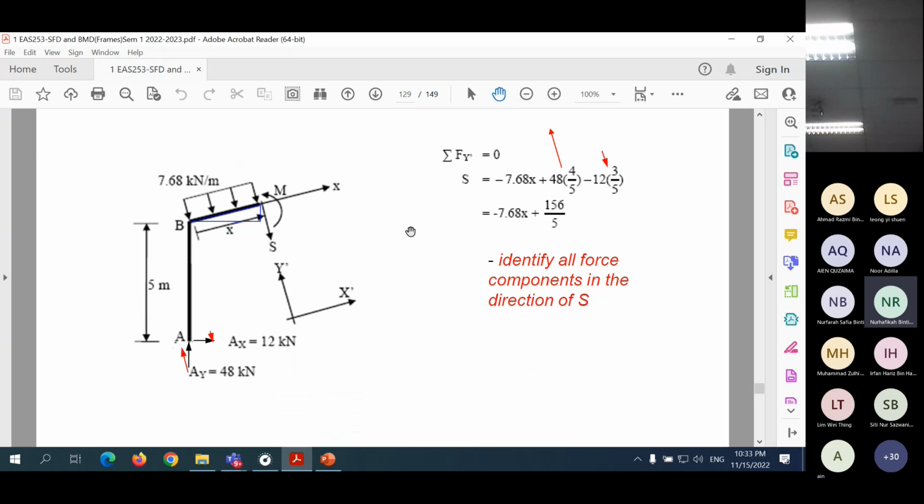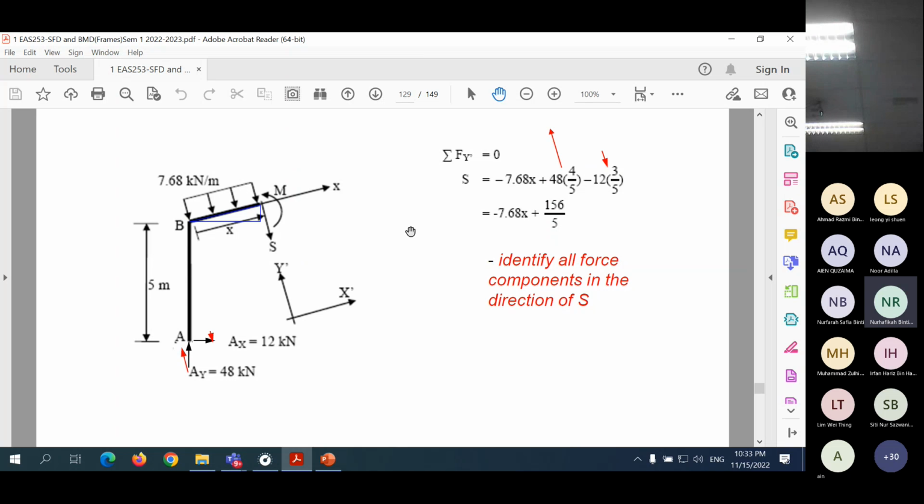Now, this one needs a bit more calculation. So with this diagram done, we are ready to get the shear force now. It is important to know that the shear force is defined in the direction perpendicular to the axis of the member. So look at the direction of the shear force now. When we want to calculate shear force, we need to use the equilibrium equation in that direction.